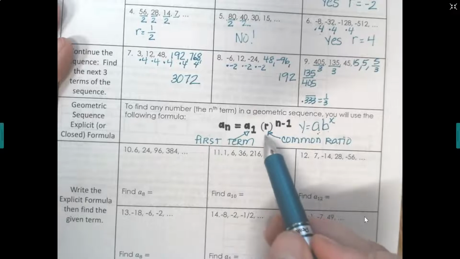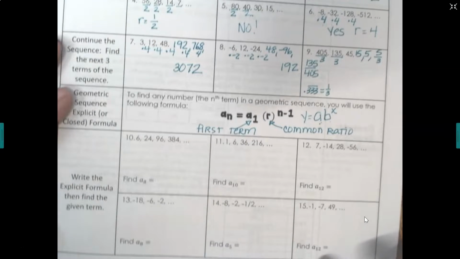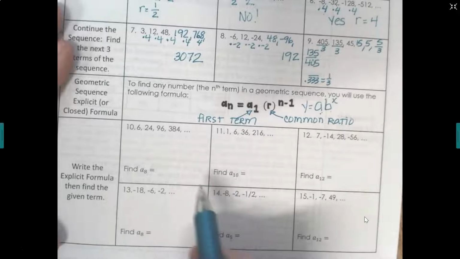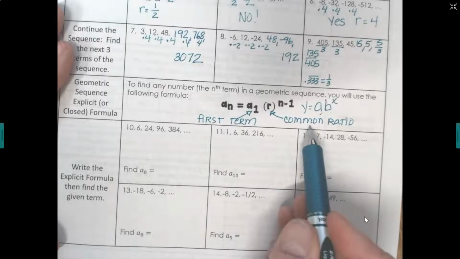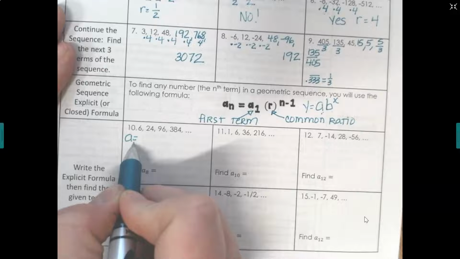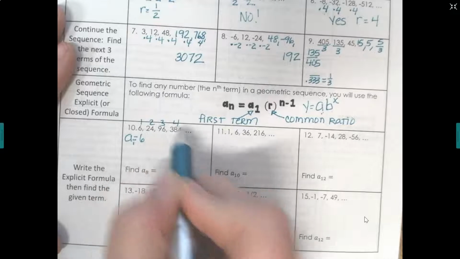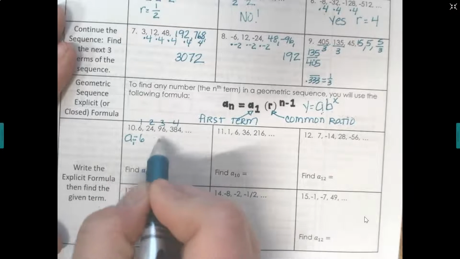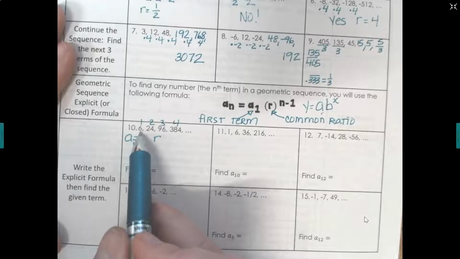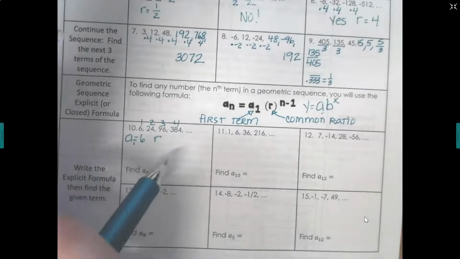We've got a couple of special notes because we're talking about sequences here. We still need to know the first term and the common ratio. So the first term here is 6. Remember, that's the first, second, third, fourth. And for your common ratio, to get from 6 to 24, I'd have to multiply by 4.